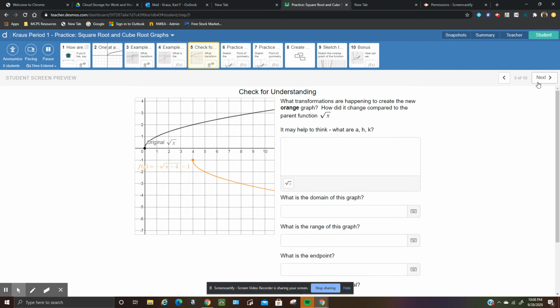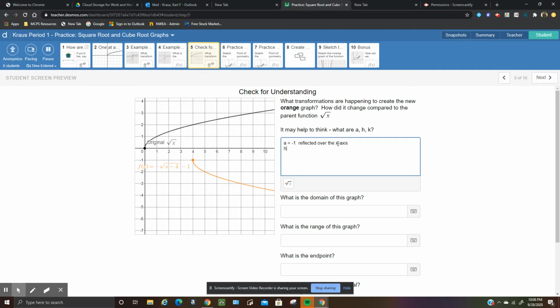All right, so what transformations are happening to create the new orange graph? How did it change compared to the parent graph, the square root of x? So once again, you want to find a. A is -1. So reflected over the x-axis.